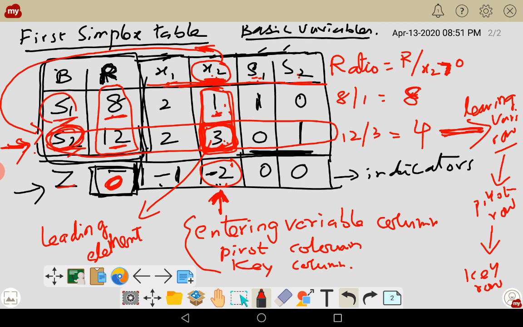First row has 5 elements, second row has 5 elements, third row also. So this is a matrix of 3 rows and 5 columns, isn't it? So let us take this matrix and use the reduction method to convert this leading element 3 into 1 and the other elements in this column, this 1 and this negative, into 0.